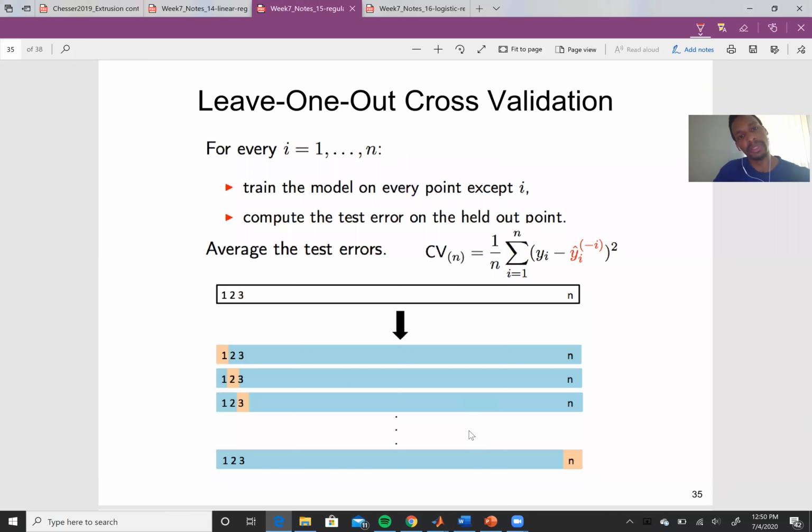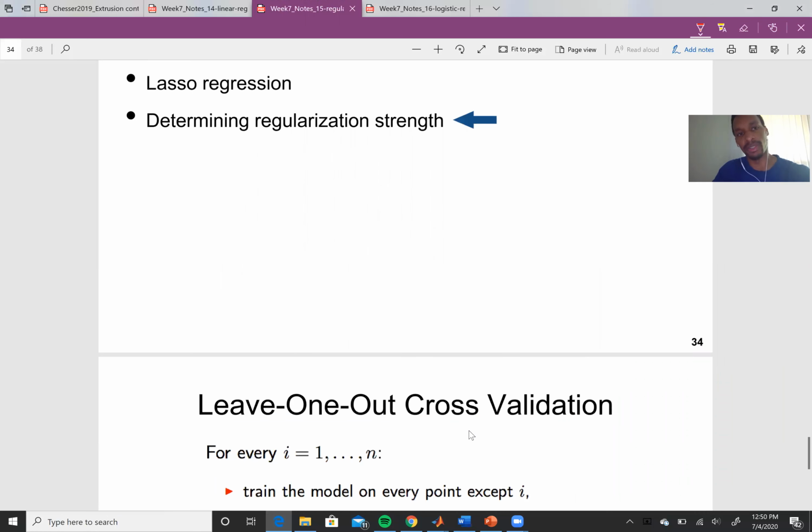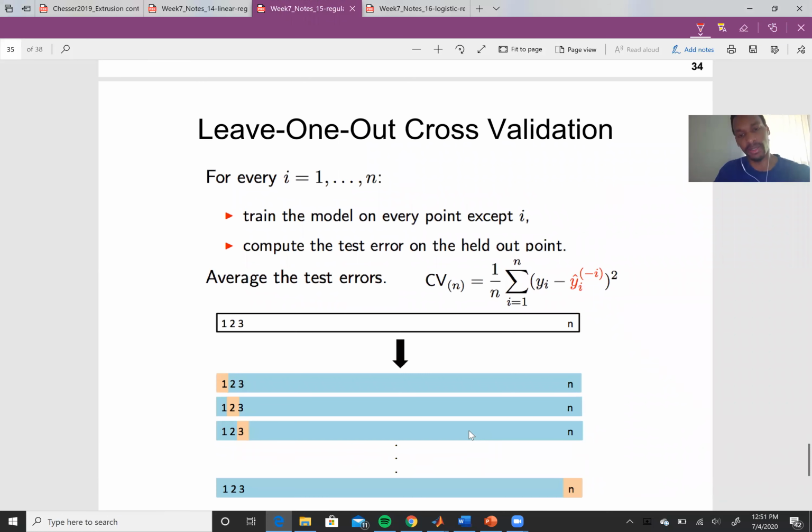So basically, one way to determine how good your regularization term is, or how good your model is, is to do some cross validation. You can loop through all the data points that you have and train the model on every single point except the point at i, leaving one point out, and then compute the test error on the held out point.